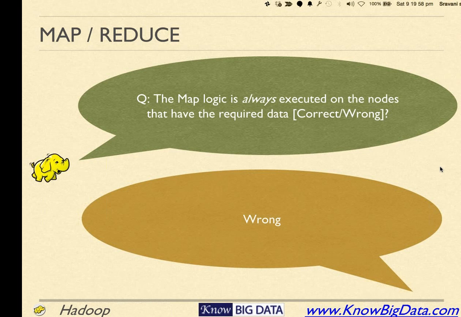Yes, that's correct, Santosh. That logic can be executed on the other two nodes where the data is already replicated. So what happens is, it will first try to find the nodes which have the data. Let's say there are three nodes which have the data.